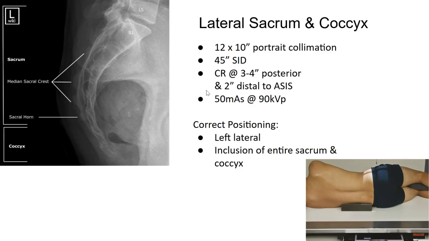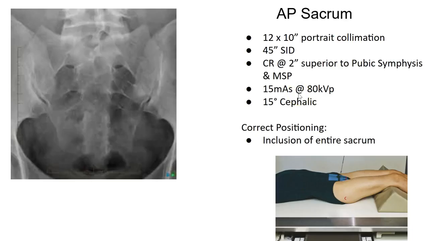And if we go back a second, it is to compensate for the curvature of the sacrum, right? So if we used a straight horizontal or vertical central ray rather, it would not be perpendicular to the bone. If we add a cephalic tube angle, now our central ray is perpendicular to that sacrum.